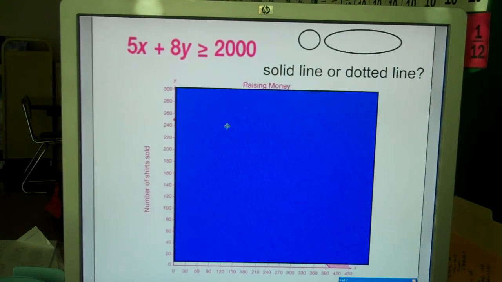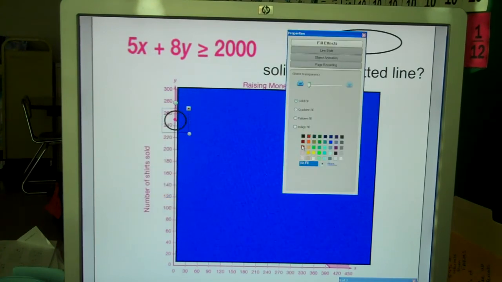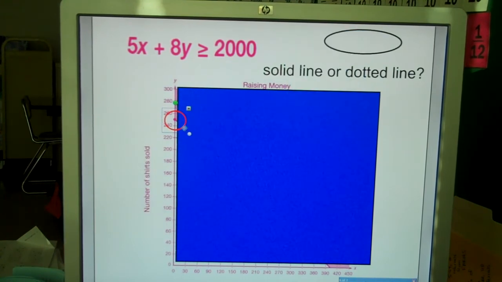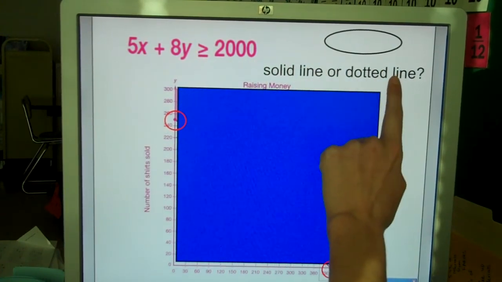All right, we found our intercepts. We know that there's an intercept over here at 240, okay? Let me make that a little brighter so you can see it. Line style, red, okay. And then we're going to clone that because we also had another intercept over here at 400. Now, I've got a big blue box behind here because it's going to reveal what your final graph looks like. If you recall, greater than or equal to, is that a solid line or a dotted line?